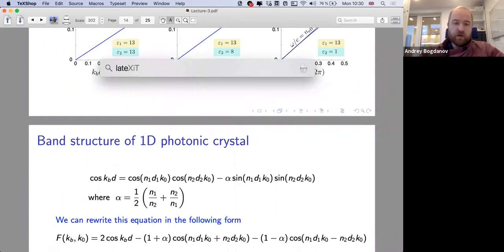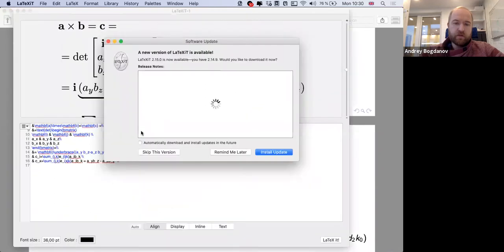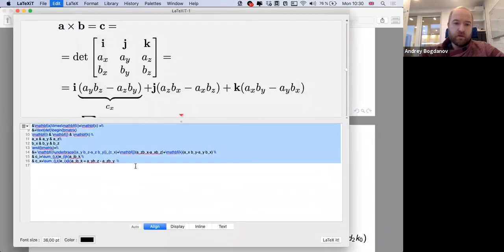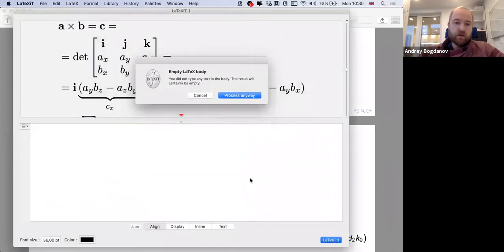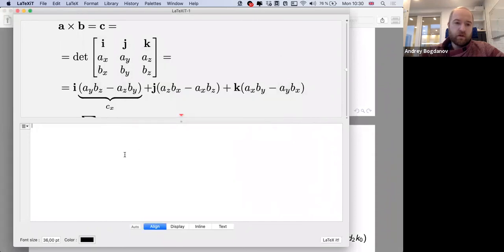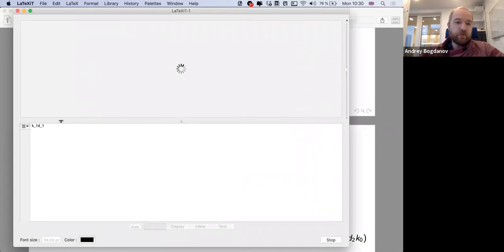Sorry, k1 d1. This is what I should write in the general case. And what is k1?